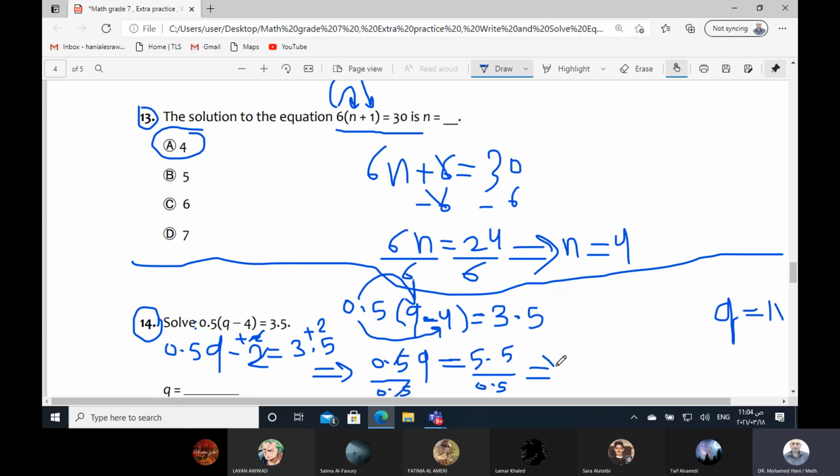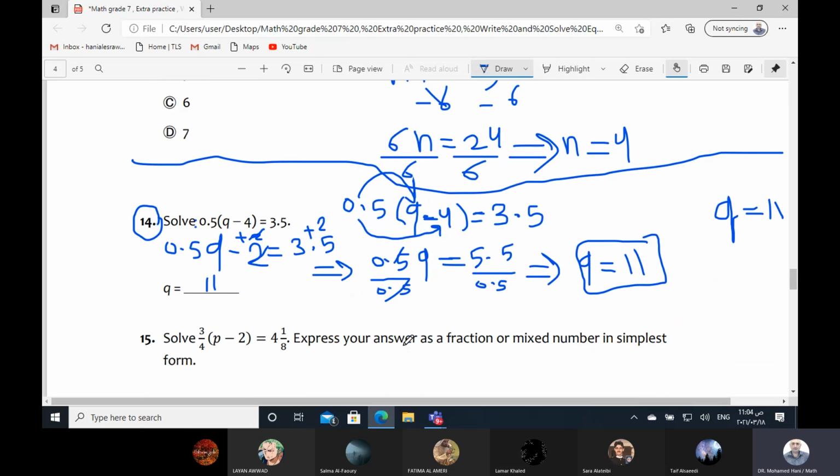So q equals 11. Who has any question here? No questions. Great.